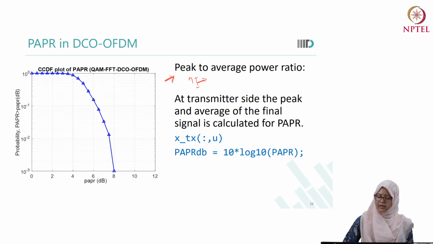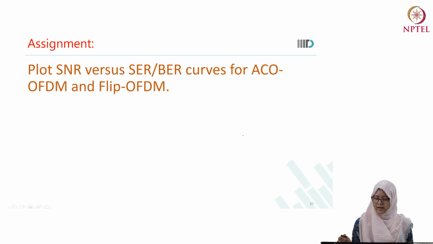At the transmitter side only, when we get the final modulated data, whatever we are getting in this code, I have shown x_tx as well. You just need to calculate the peak of this data and then the mean or average of this data.